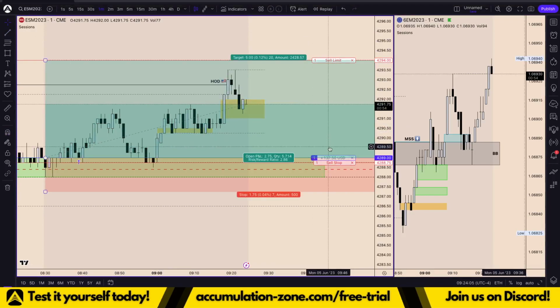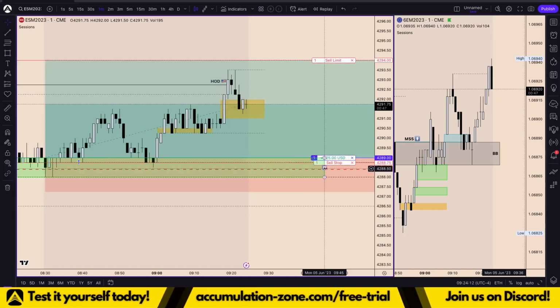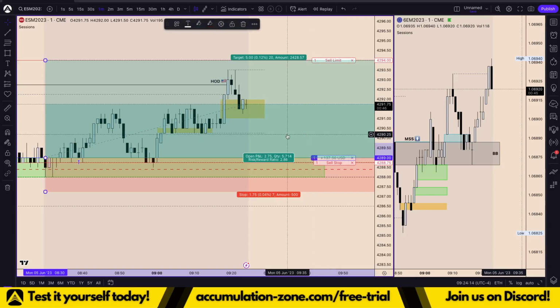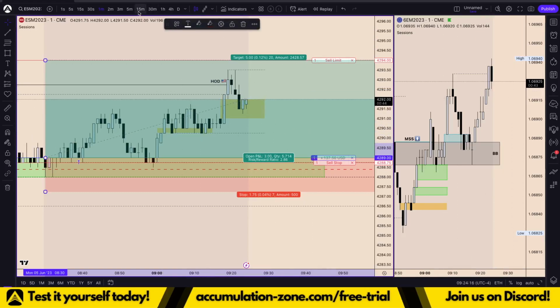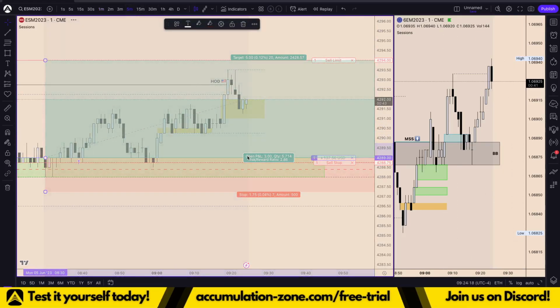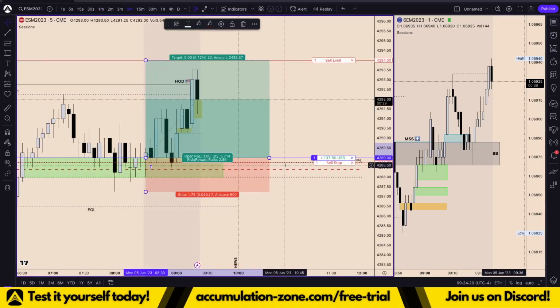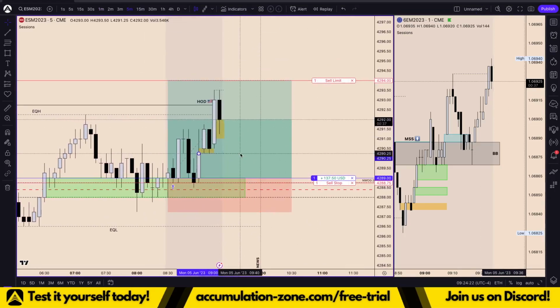Market is about to open up in 6 minutes. This is our market structure shift level.